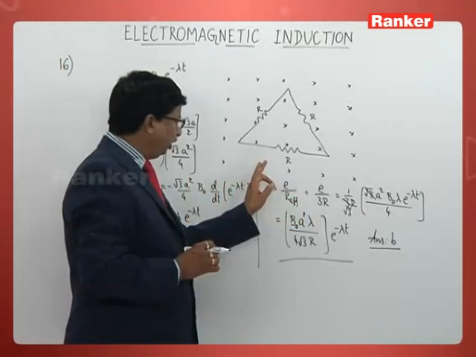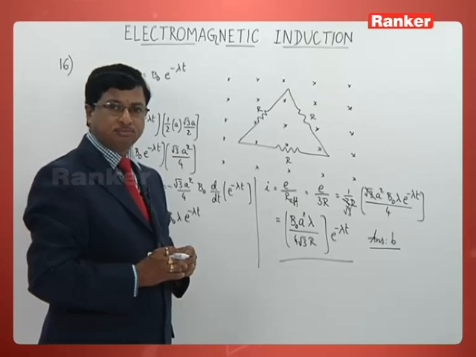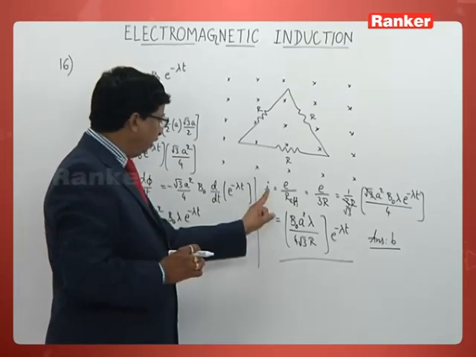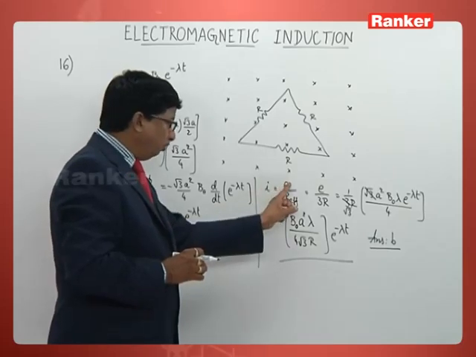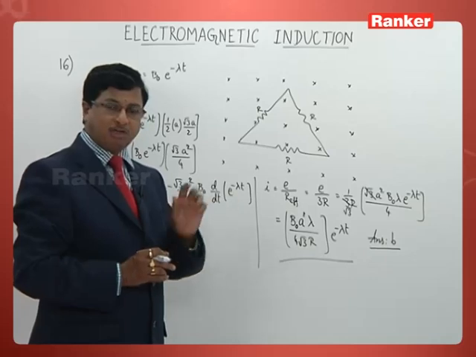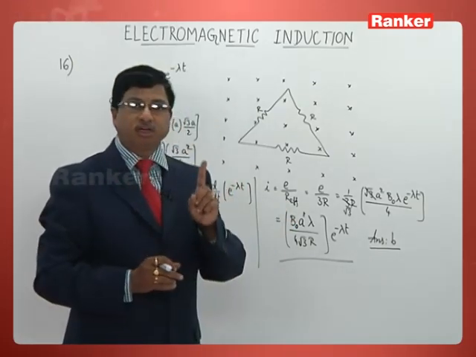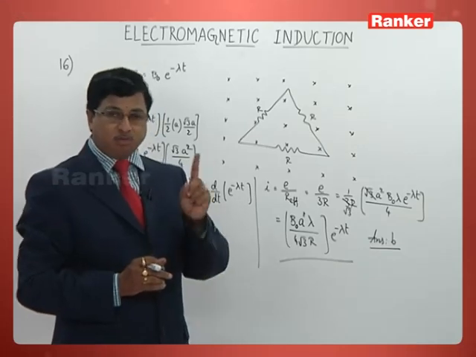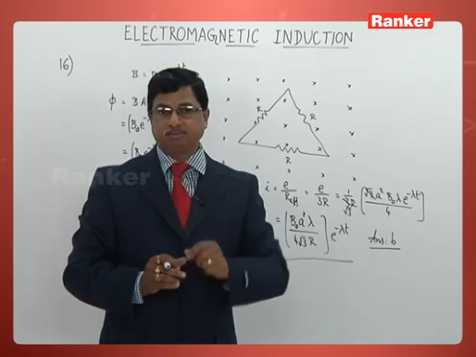The only point one should understand from this entire calculation is this: while calculating current, its induced EMF by resistance we write. No doubt absolutely in that. But which resistance is to be taken up? That should be the effective resistance in the entire system.